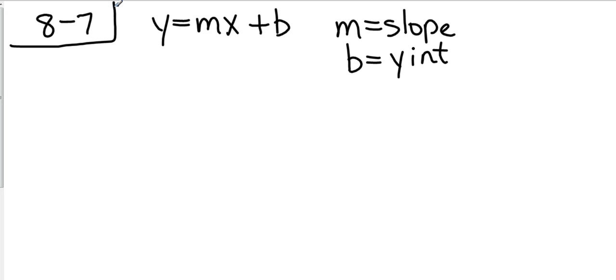Okay. This is chapter 8, section 7. We're looking at the slope-intercept form. And the slope-intercept form is y equals mx plus b, where m represents your slope and b represents your y-intercept. So let's look at number 32. They give us an equation of y equals 4x plus 7.